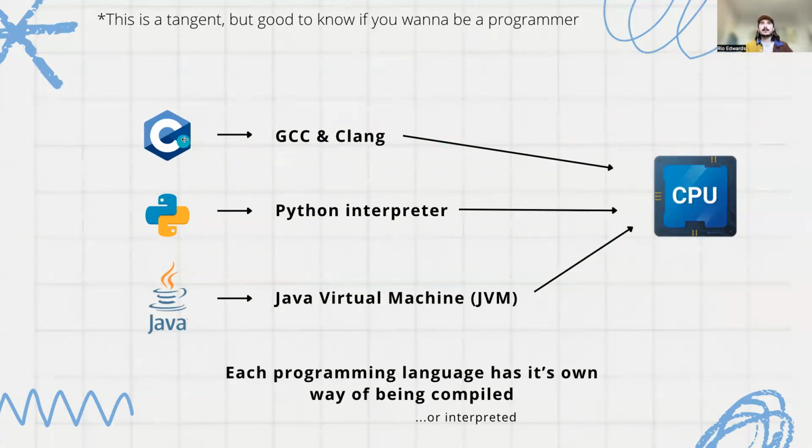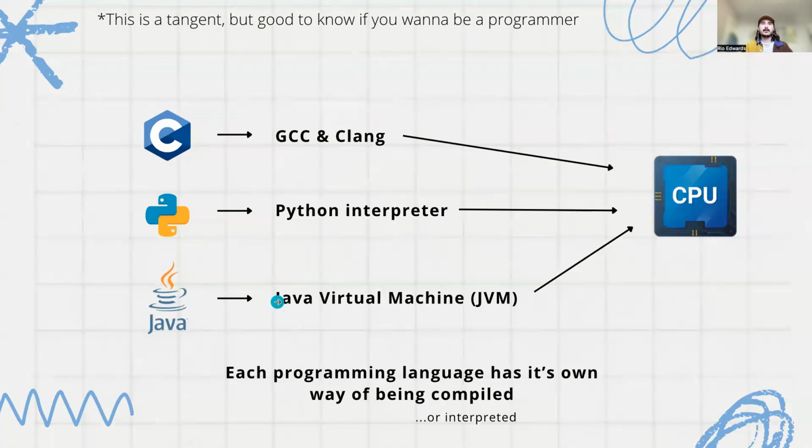And so C uses a compiler called GCC or another one called Clang, and I think there's some other ones. Python uses the Python interpreter, which these are all programs that you can actually download online. So if you want to write Python code, you have to download the Python interpreter, or I think it comes default on at least Macs.